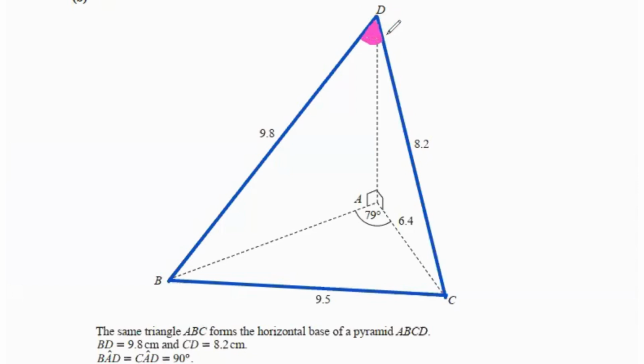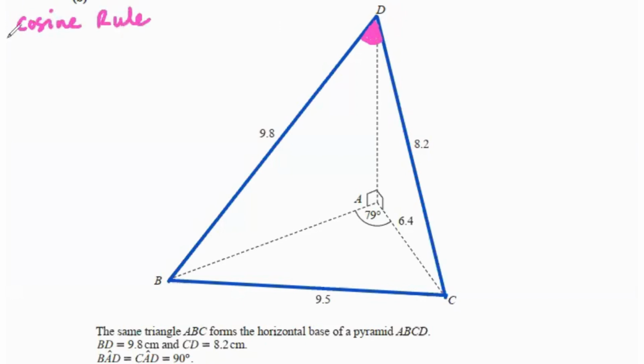Remember, in a non-right angle triangle, if all three lengths are given and they want us to find one of the unknown angles, we will use the cosine rule.